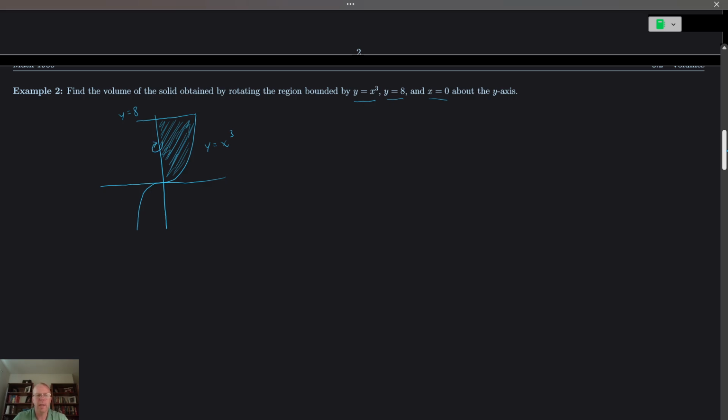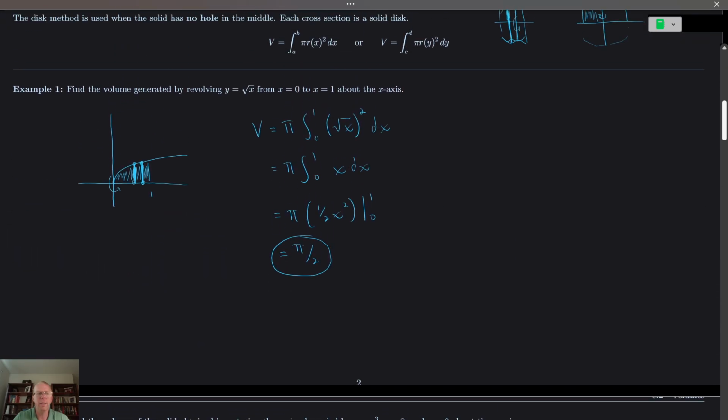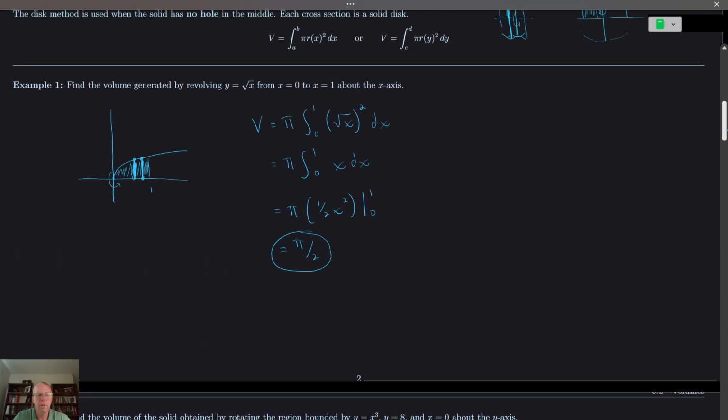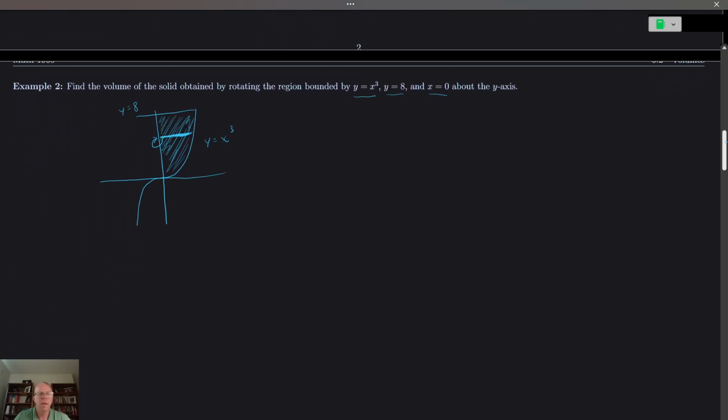Okay, so now what does this cross-section look like? The cross-section always goes perpendicular to the axis of rotation. In the last one, the axis of rotation was the x-axis, so the cross-section was perpendicular to that. In this one, the cross-section is going to be perpendicular to the y-axis.